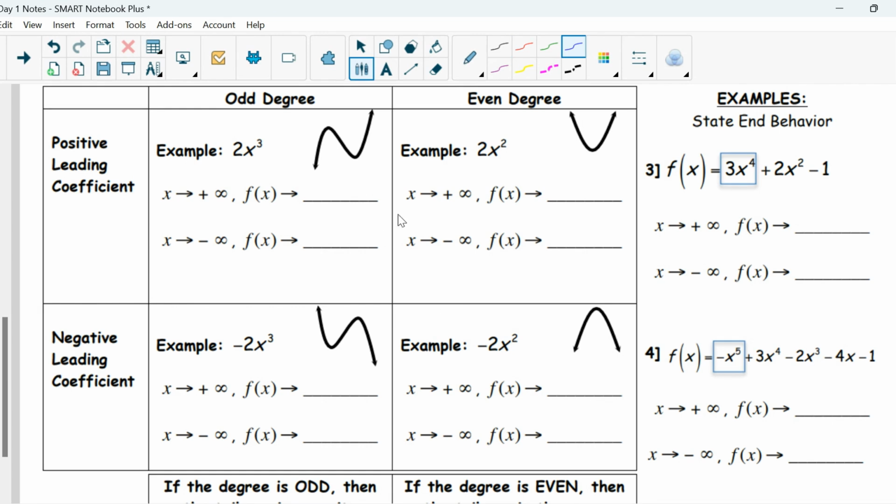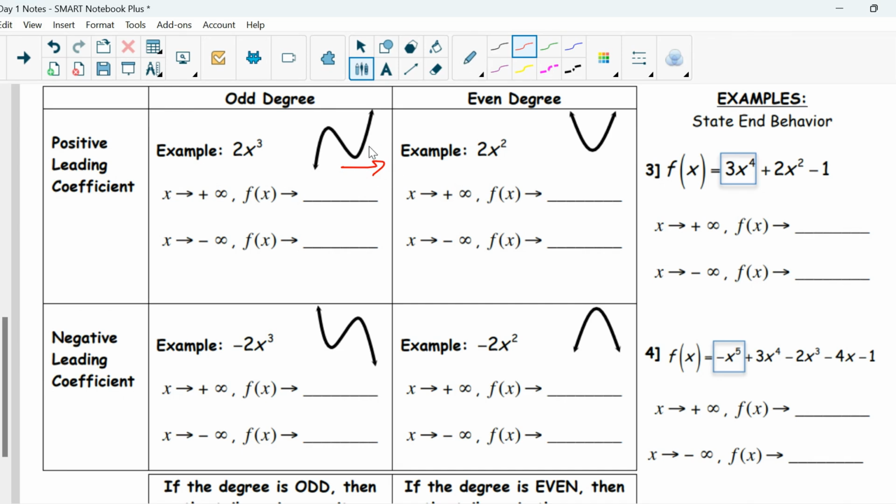In the first example here, we have 2x to the third power. This would be a graph that would generally represent the scenario. As x approaches positive infinity, that would be this positive direction, is our function heading up or down? Is it heading to positive infinity or negative infinity?